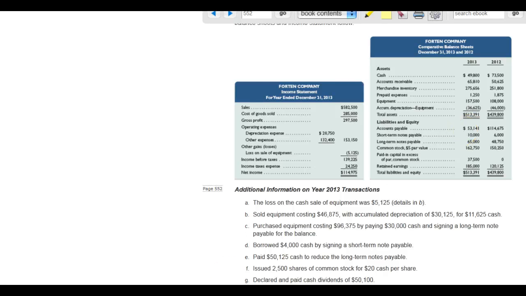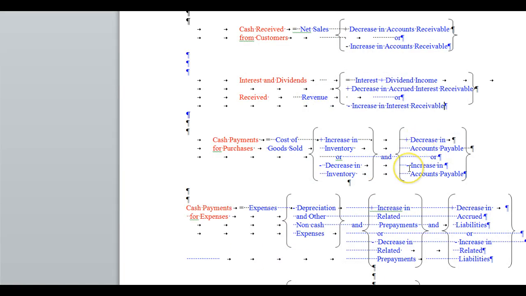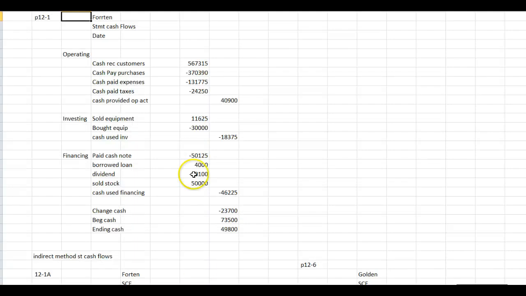So accounts payable going down, we're going to subtract that. Oh, I'm sorry, we're going to add the decrease in accounts payable. So if we do all those things together, we come up with approximately $370,000 used. This is cash going out, so I put a minus sign in front of it. Okay, that's the basic way we do that.